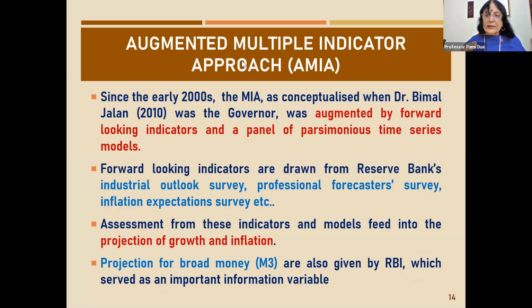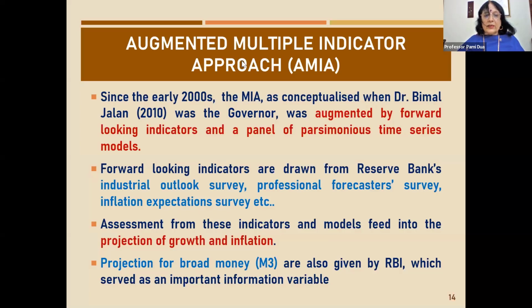So around that time, the Reserve Bank of India started several expectation surveys. So it started surveying industry people, it was surveying households for their inflation expectations, and also it started consolidating the survey results of various professional forecasters in the country and seeing on average what the forecasts were for various variables for the economy.